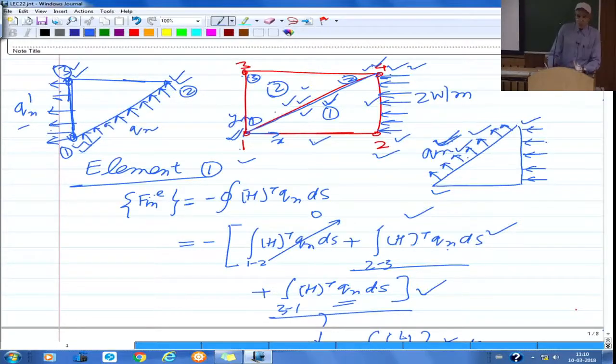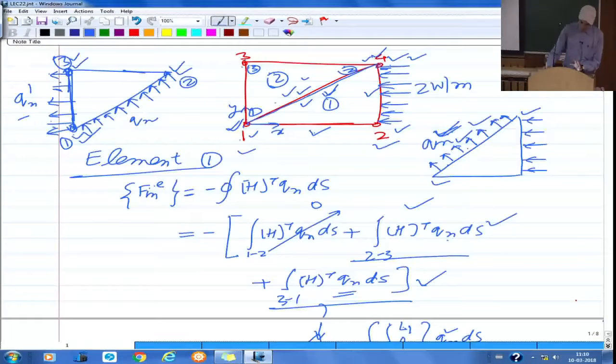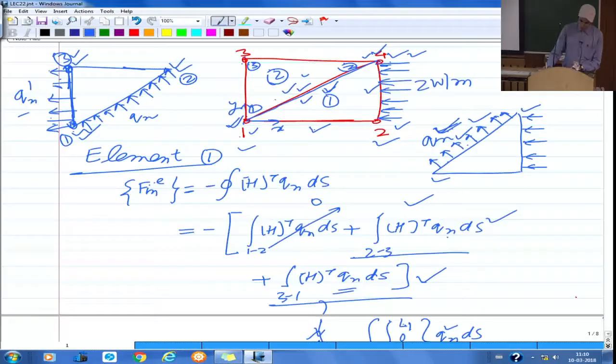So the logic behind taking those two unknown heat sources, at global node number 3 and global node number 1, was based on this argument that along all the common boundaries, if heat is leaving from one element, in the other element it is going to enter. So finally those integrals, when they are assembled together, they would cancel out.